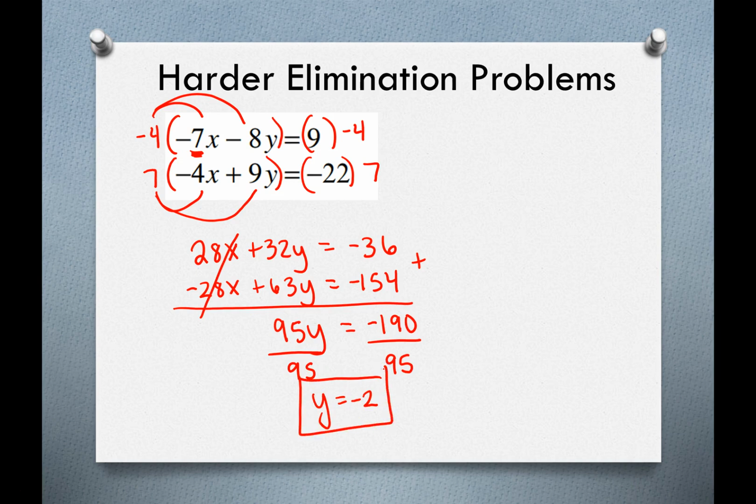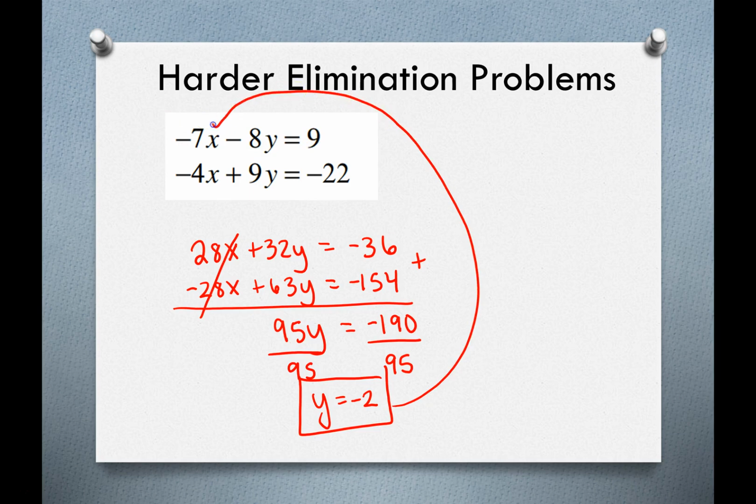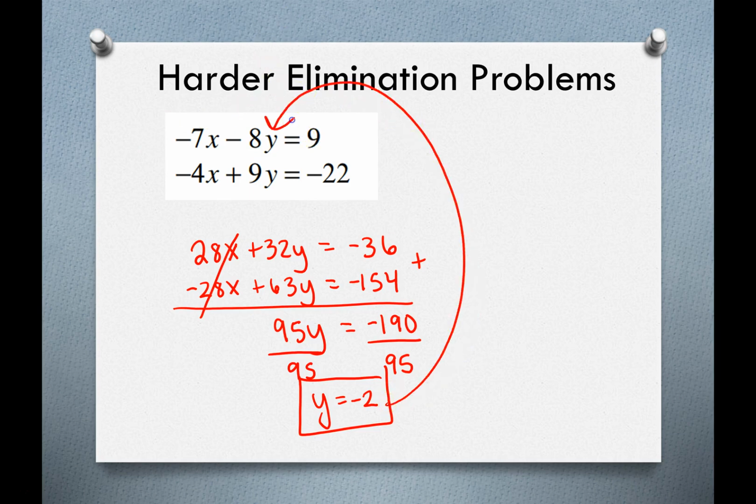All right, next thing I'm going to do is just plug into one of these equations. I think I'm going to choose the top one, although you can never choose wrong. I like to choose the easiest one. That's going to go into the y. So I have a negative 7x minus 8 times negative 2 equals 9. This gives me negative 7x plus 16 equals 9.